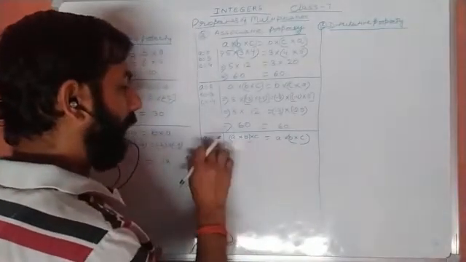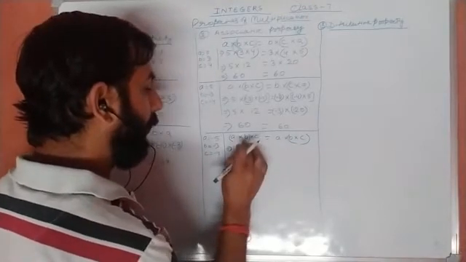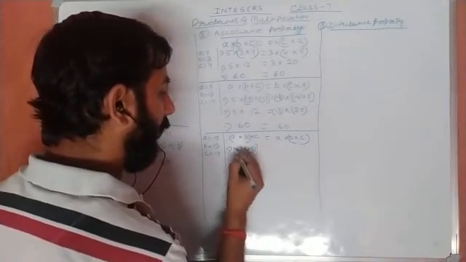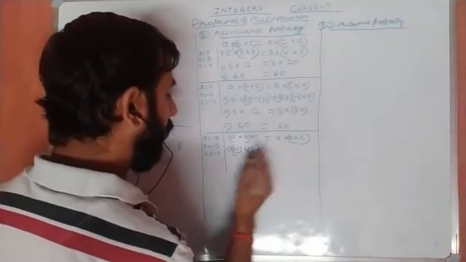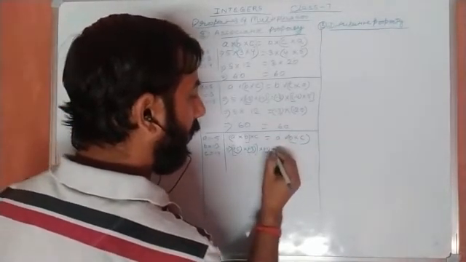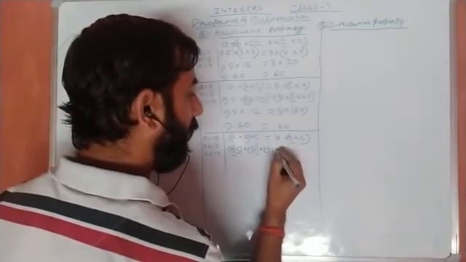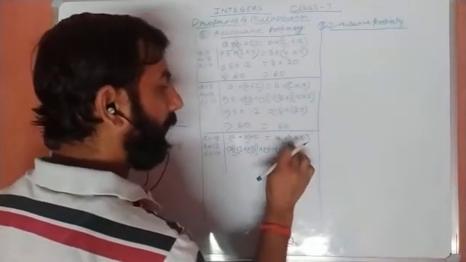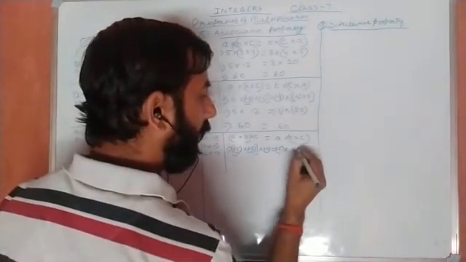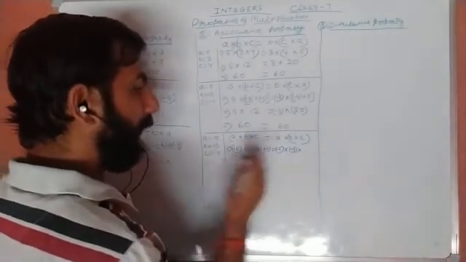A is what? Minus 5. So we will put here minus 5, into B is what? Minus 3. We will put here minus 3. Now put it in a big bracket, into minus 4. Minus 4. Here A is minus 5, into B is minus 3, into C is minus 4.